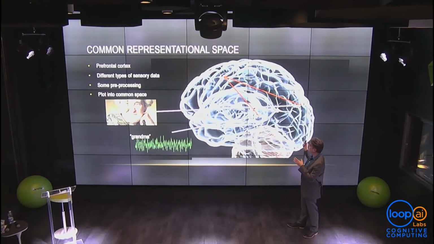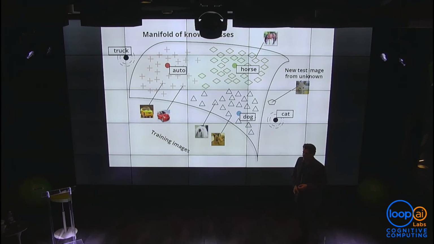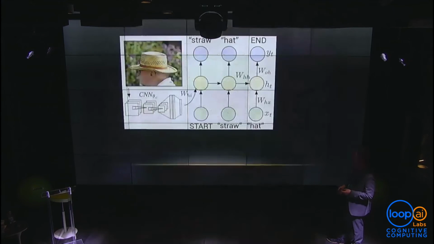And there's good reason to believe that this is where this fusing of meaningful chunks happens. So in the machine learning world, and especially the world of deep learning, there have been a bunch of great experiments over the past few years that have done exactly this, where you have some kind of representational manifold, and you have language of things like dogs, cats, horse that are learned from whatever text source you're learning it from. And then you have a bunch of images, and the words for cat happen to get plotted in the same areas as an image for cat, and same for a horse and dog and car and all that stuff.